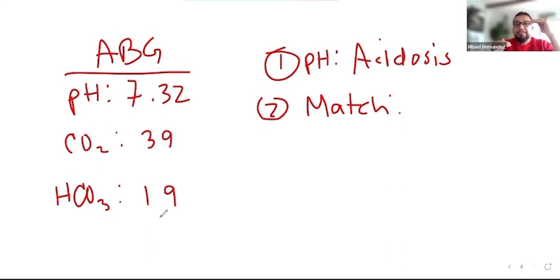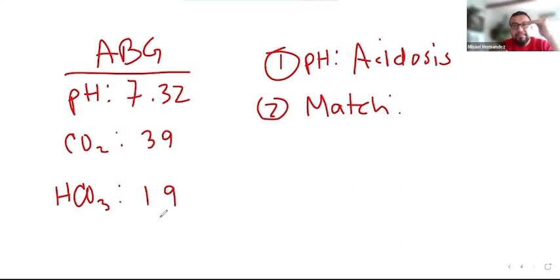So even though we have the normal amount of CO2, which will maintain homeostasis, the problem is that our HCO3, which is supposed to be between 22 and 26 to keep everything balanced, is not enough. So there's too much acid compared to the HCO3, which is not doing its job right now.